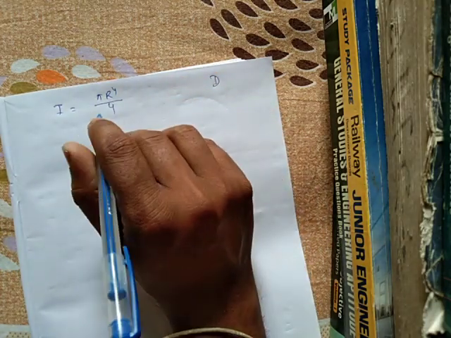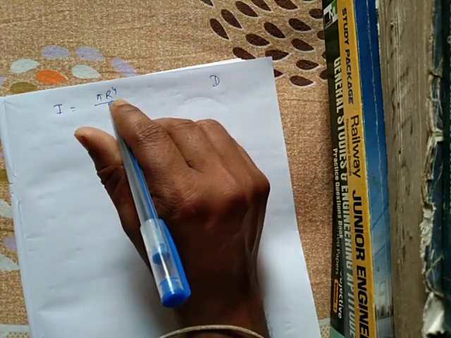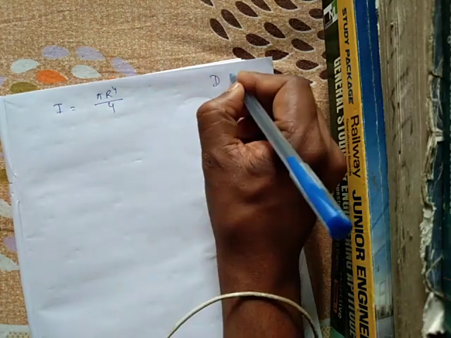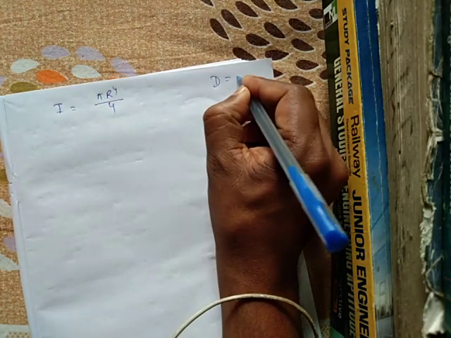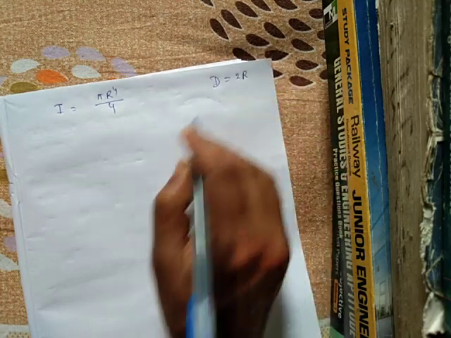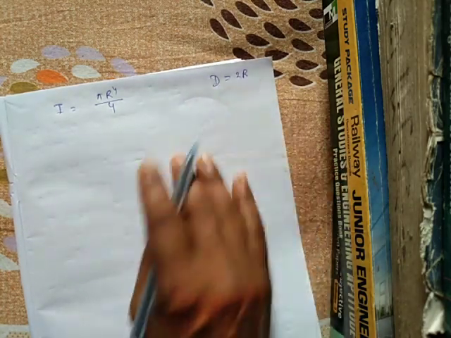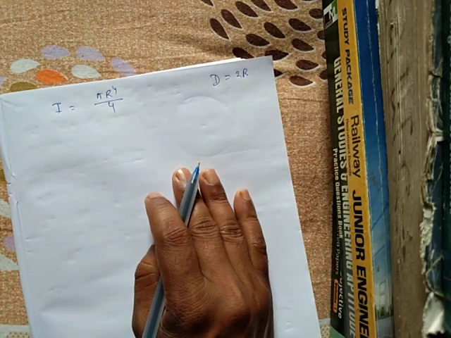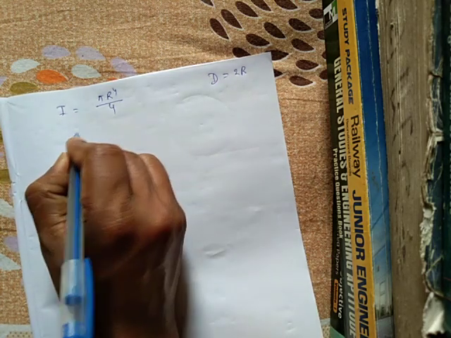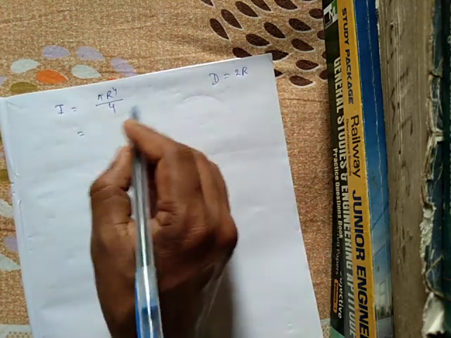If I calculate the moment of inertia in respect to diameter, d equals 2r. So here r equals d by 2. Put the value of r as d by 2.